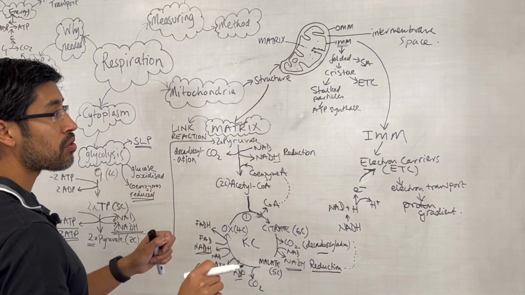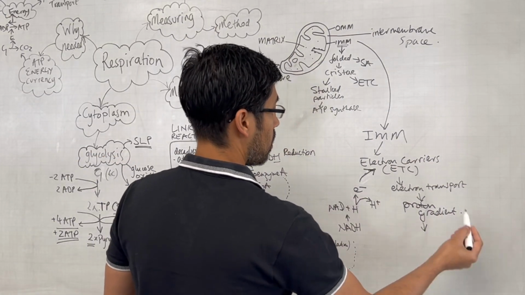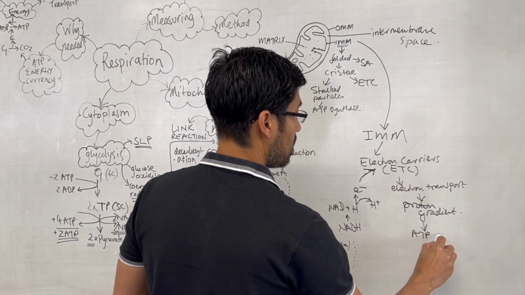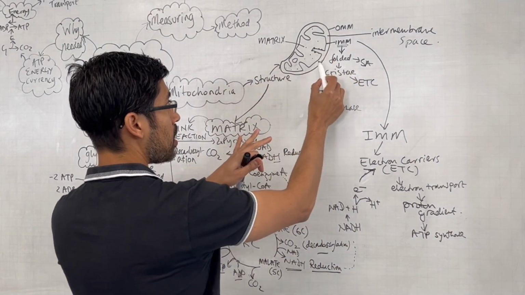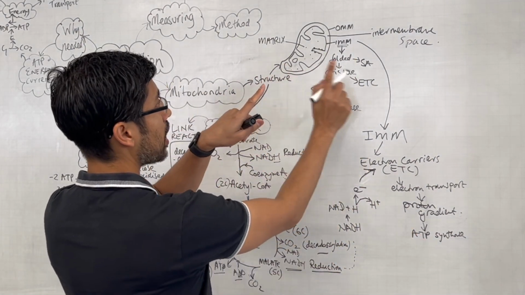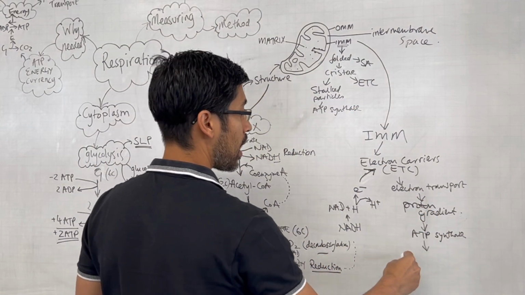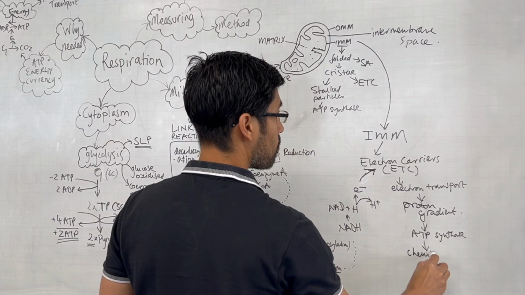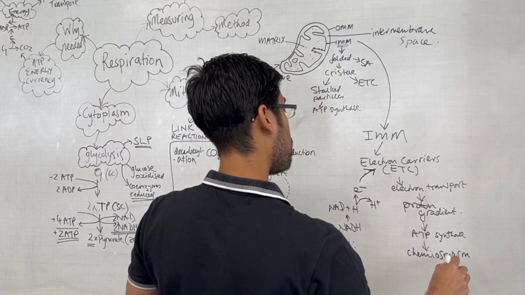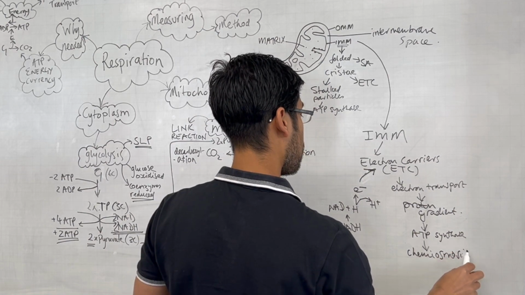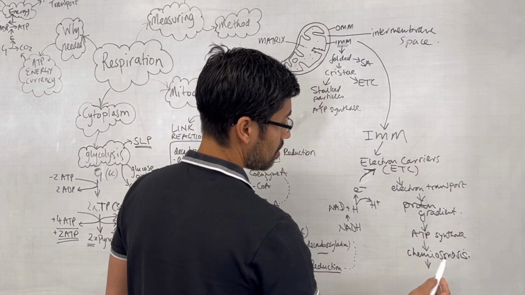Because we build the proton gradient, and because of ATP synthase, the stalked particles on the inner membrane, and because we've got that gradient across the inner membrane, we have ATP synthase that can take advantage of that, and as a result of chemiosmosis, we can produce ATP.